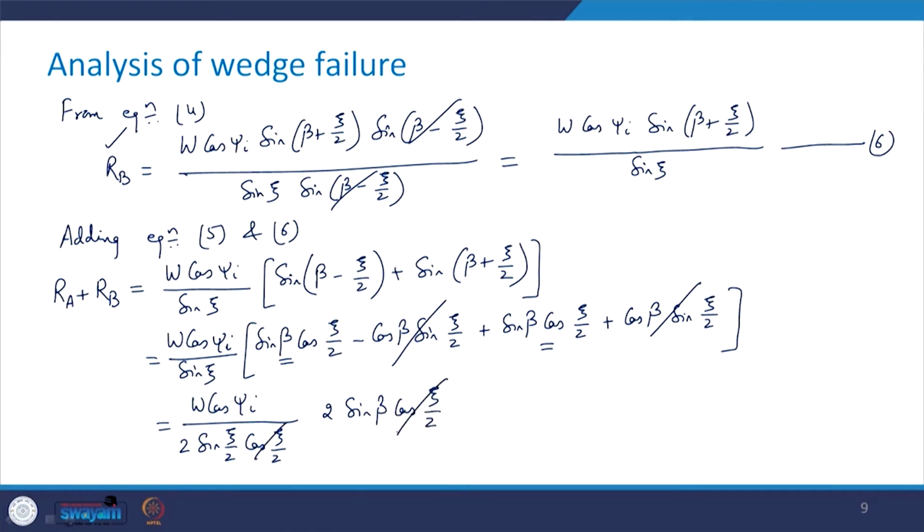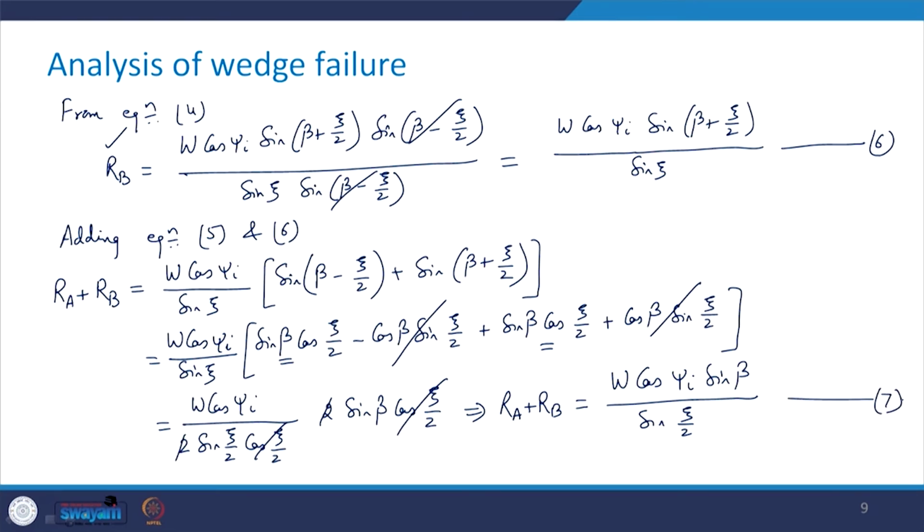So this and this will get cancelled. So what you are going to get here is RA plus RB will be W cos psi i into sine beta divided by sine of zeta by 2, because this 2 and this 2 will also get cancelled out. So this equation will become equation number 7.